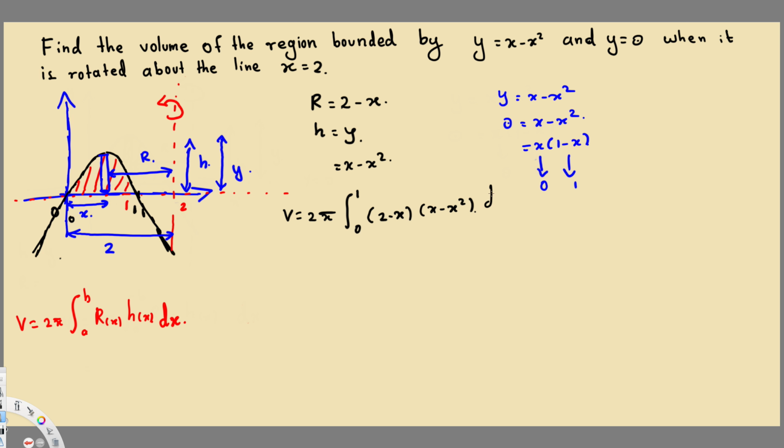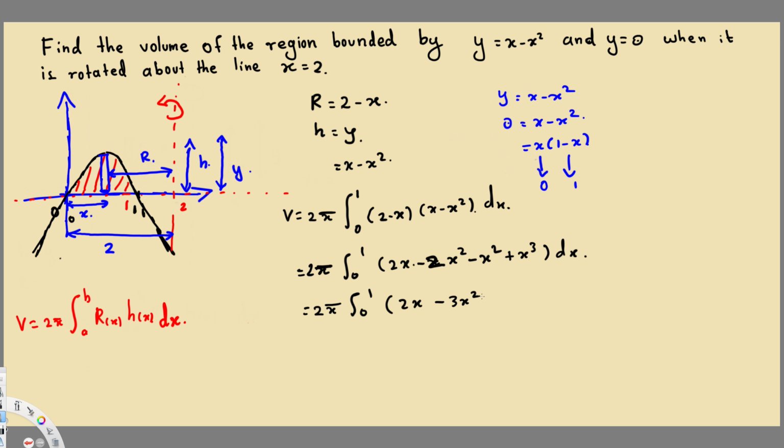Let's simplify. 2 pi, integral from 0 to 1, of 2x minus 2x squared, minus x times x is minus x squared, and minus x times minus x squared gives plus x cubed, dx. Simplifying, this is 2 pi integral from 0 to 1 of 2x minus 3x squared plus x cubed dx.